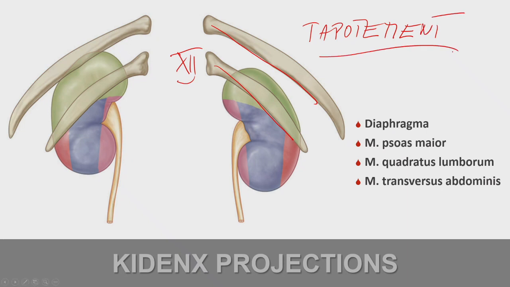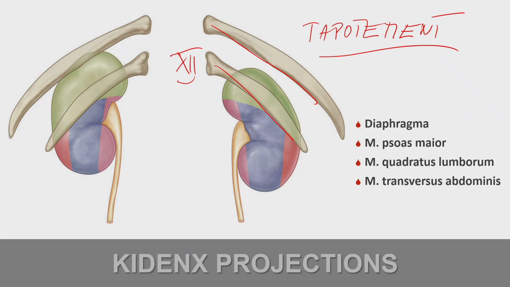Tapotement is a hit with the edge of your palm to the back, and this vibration of the back could induce some pain in the lumbar region, and it could also cause pain which is irradiating into the groin and into the medial aspect of the proximal femoral region, or into the scrotum or labia majora in women.